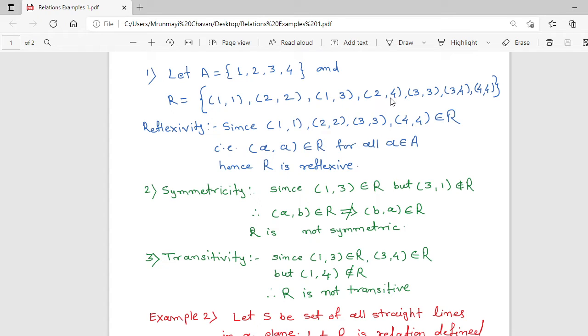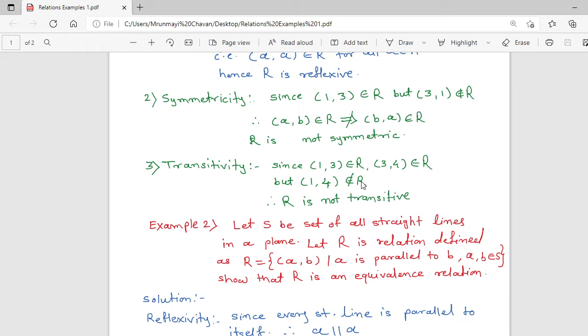If (2,4) belongs to R, (4,2) does not belong to R. That means if any pair (a,b) belongs to R, it does not imply that (b,a) belongs to R. Therefore, R is not symmetric.